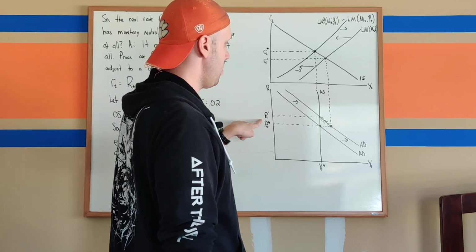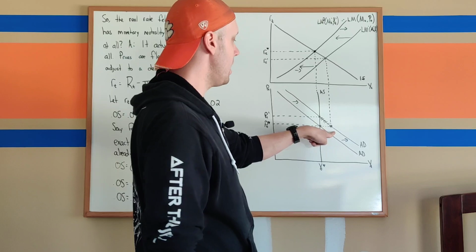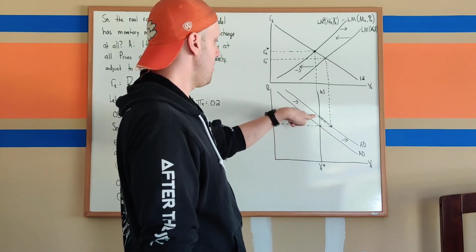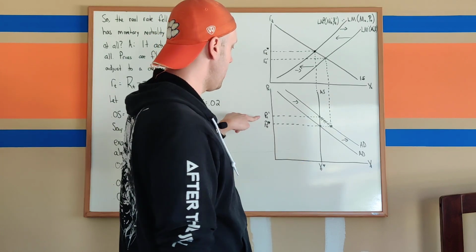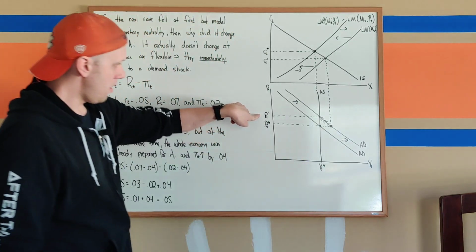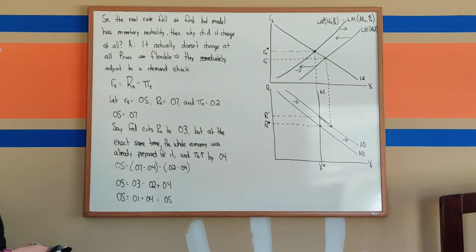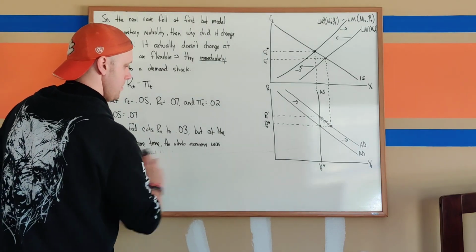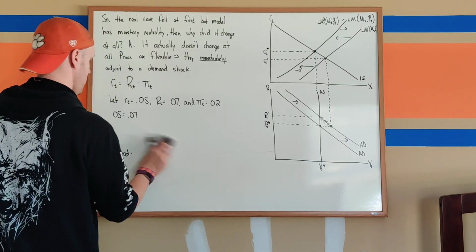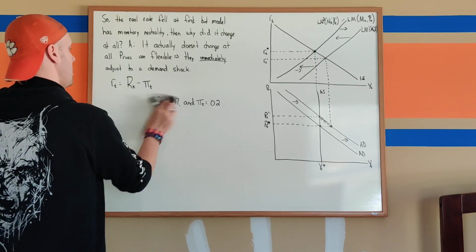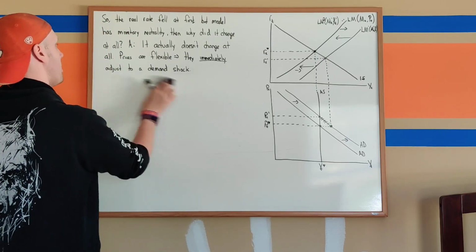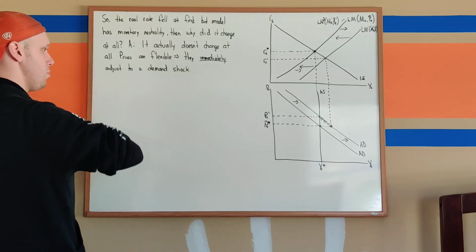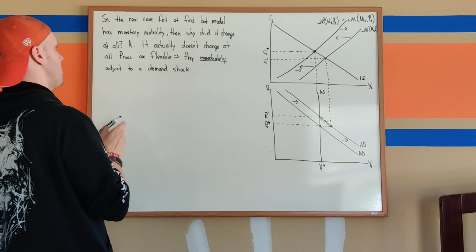Therefore, all that happened was as soon as there's an aggregate demand shock, everybody's prepared for it, blammo, we end up at the same level of output, but at a higher price level. So I said the economy was already prepared for it. They immediately adjust to it. This is what's called rational expectations.